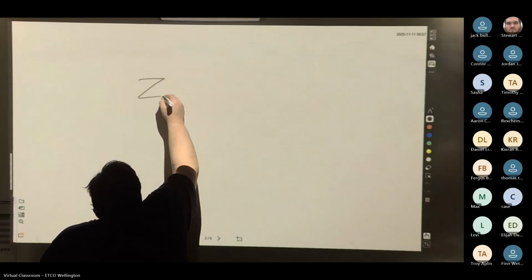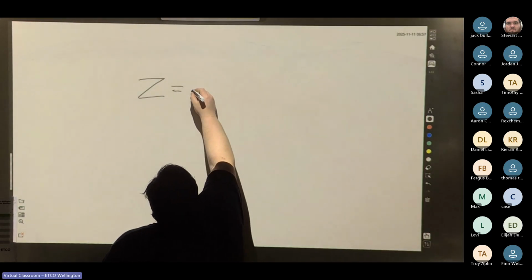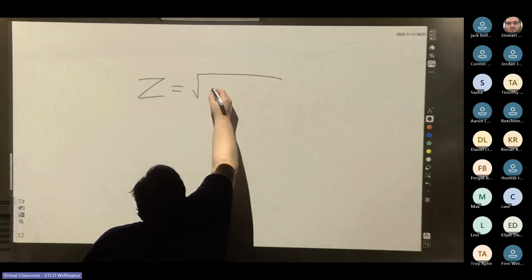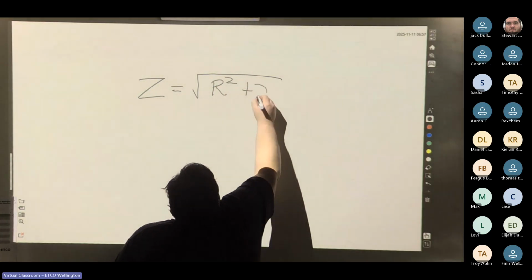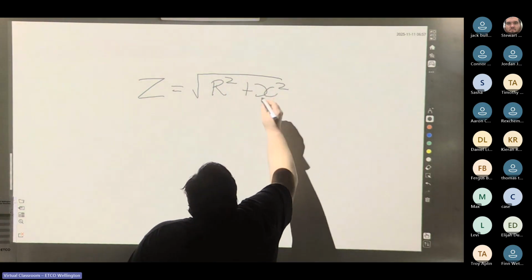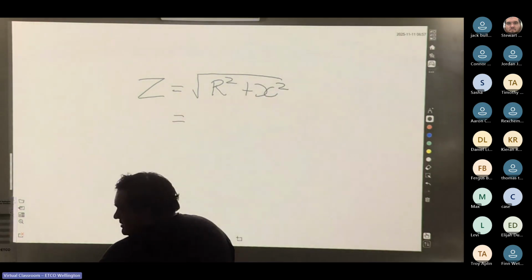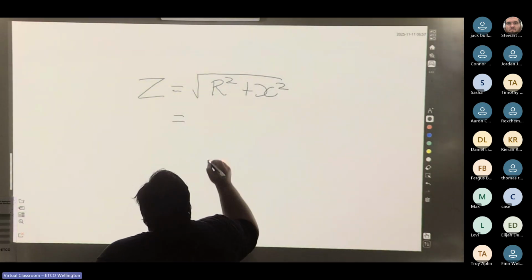So Z equals the square root of R squared plus X squared. Our resistance is 25.